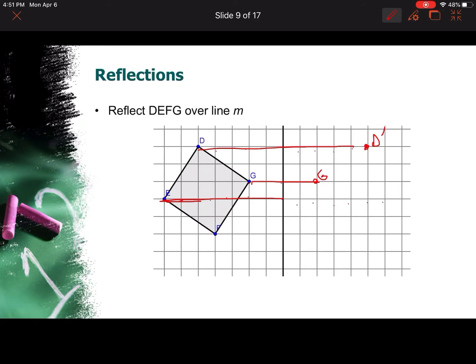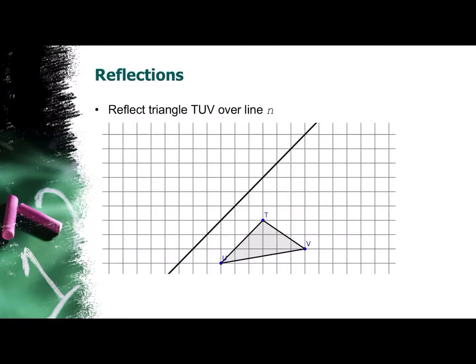This one is 1, 2, 3, 4, 5, 6, 7. 7 right here. That's our E. And 1, 2, 3, 4. That's going to be right here. And there's our reflection.